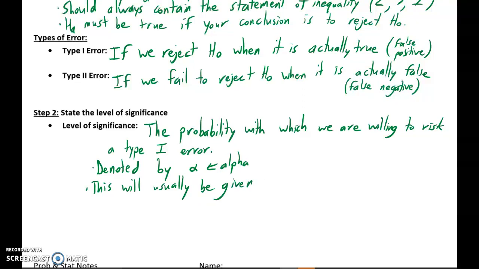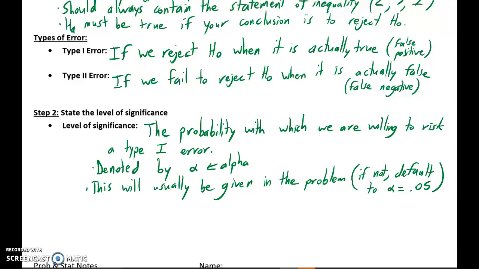If not, we will default to using alpha of 0.05, aka 5% level of significance. More about what this alpha means as we go further. But basically, if we get an alpha less than 0.05, that's a small probability, which means we have evidence against the null.